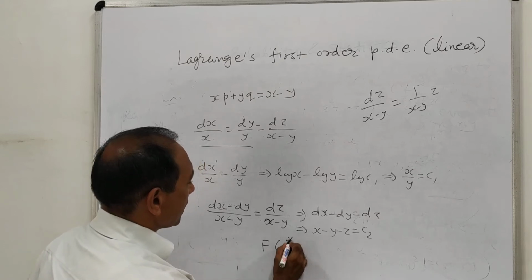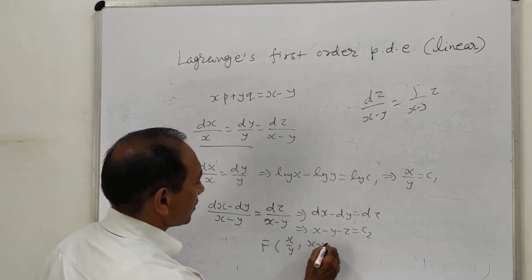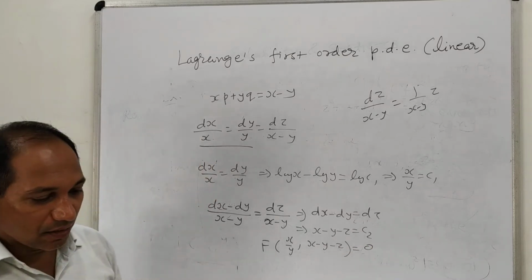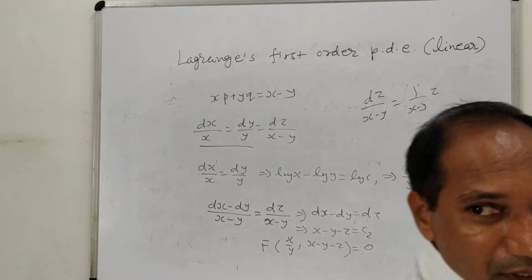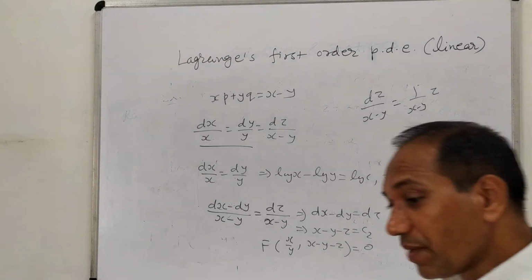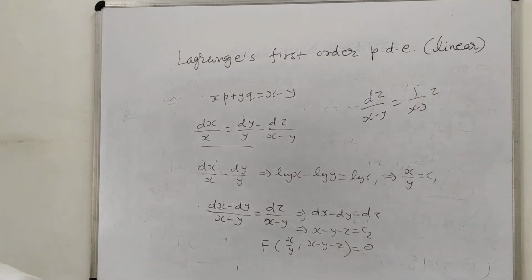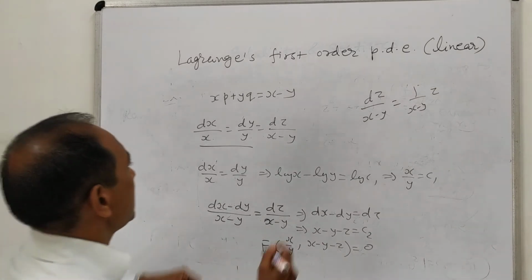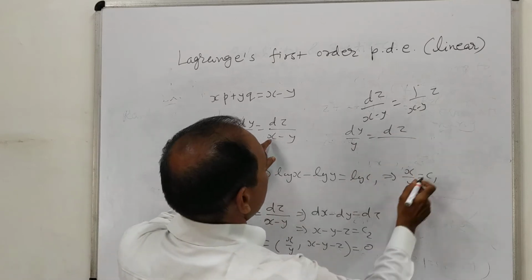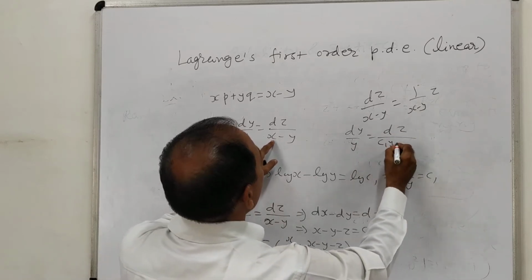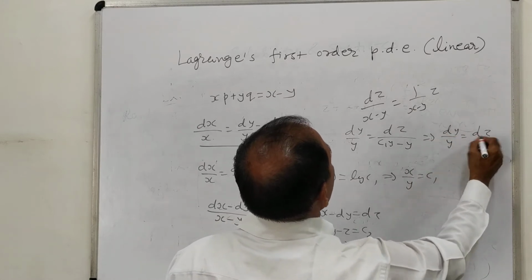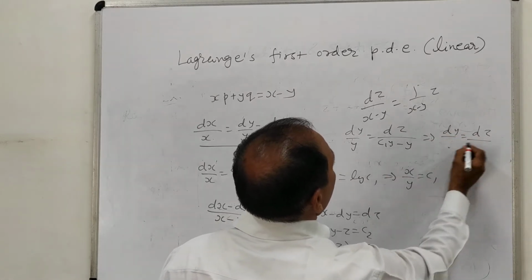So the final solution is x upon y, comma x minus y minus z. You must have observed that it is also possible to obtain a third kind of solution, but we require only two different solutions, so we don't go for the third. As I told you, if we take dy upon y and dz, with x equal to c1y, then dy upon y equals dz upon y, and y will be cancelled, giving c1 minus 1.